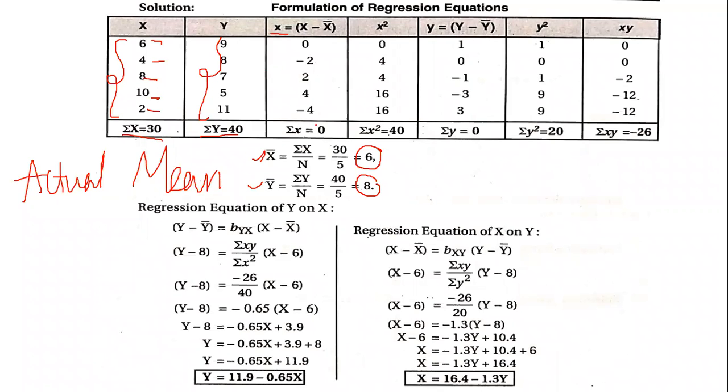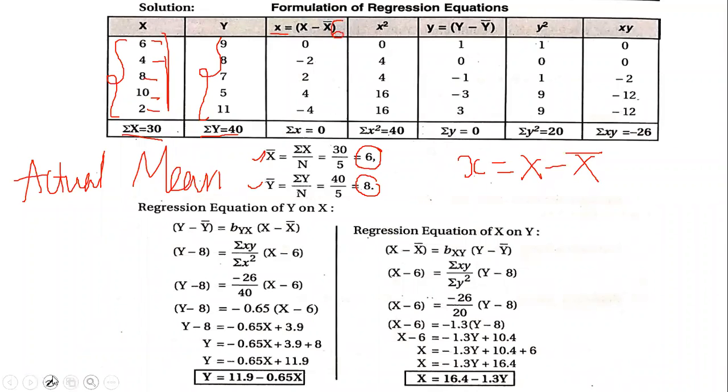Okay. Now moving further, the deviation you have to find. Deviation small x is equal to x minus x bar. The value of x bar is 6.